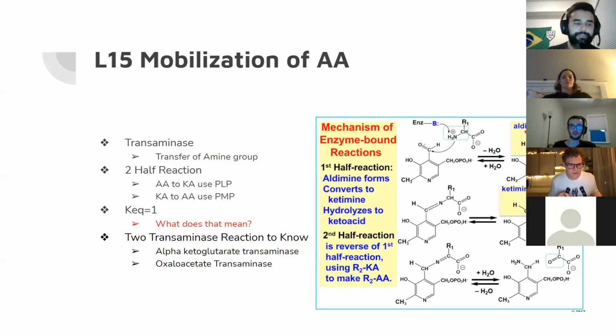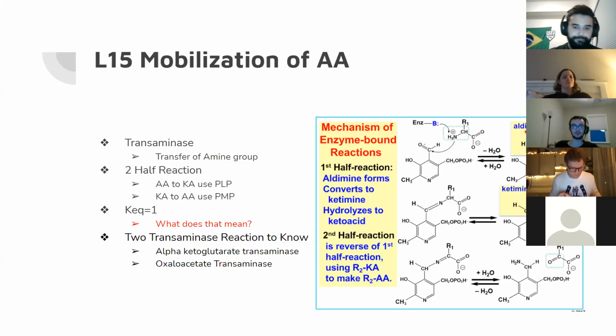An example I gave is extreme famine. We form certain things called ketone bodies, and some of those can be formed from keto acids. So if we're in extreme famine, we're going to break apart the amino acids to form these keto acids to create metabolic intermediates to make more ATP.